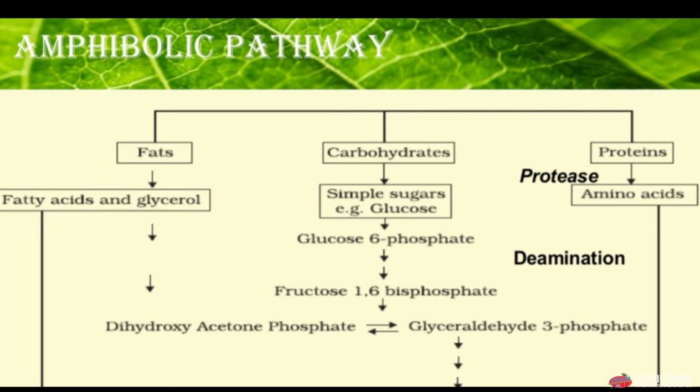We can say that amphibolic pathways are pathways in which both anabolic and catabolic reactions take place. The example of an amphibolic pathway is the respiratory pathway. We can say the Krebs cycle is the most important example of an amphibolic pathway.